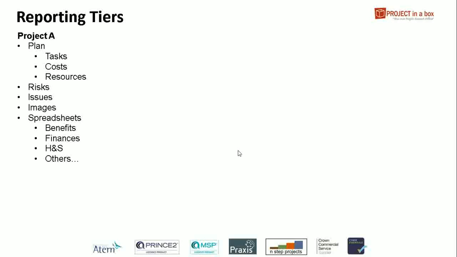And every time this spreadsheet is checked back in, we'll read some data out of it. Often this is used for things which are not quite as mature and consistent across multiple organisations, such as benefits, finances, health and safety data, a wide range of other things that people collect. So you can standardise those so they're the same across all of your projects, and therefore the data that feeds through will be the same.